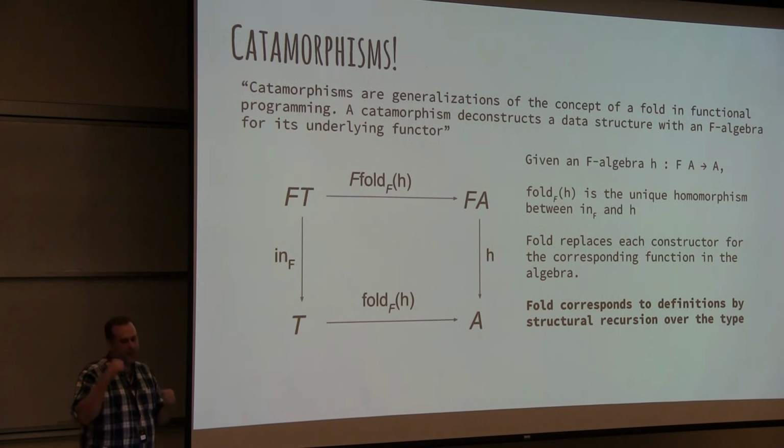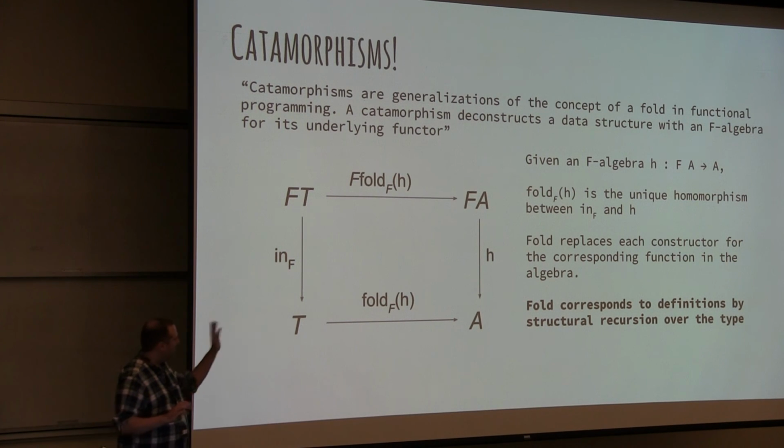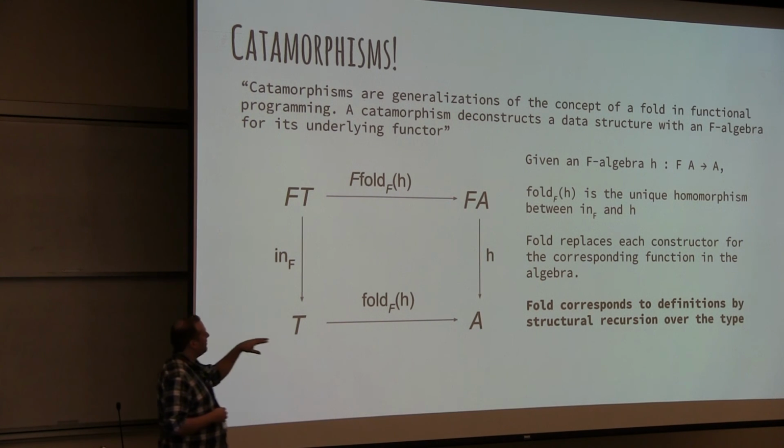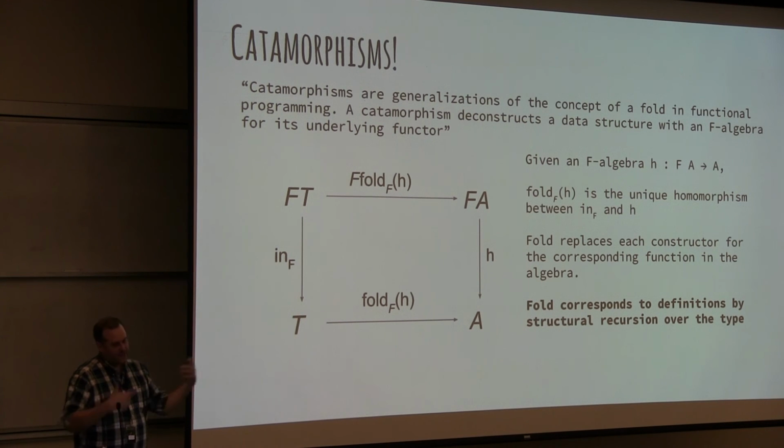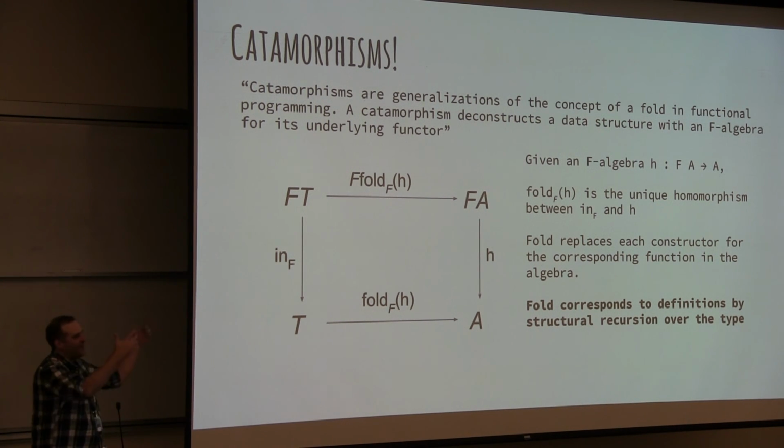Because those data types are parameterized, they are functors, and because they are functors, I have something called an F-algebra. We are saying fold replaces constructors with functions in the algebra. All this is a complicated theoretical way of saying we take the list's cons and nil and replace them with f and z.